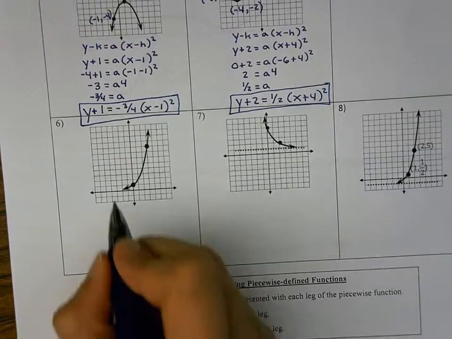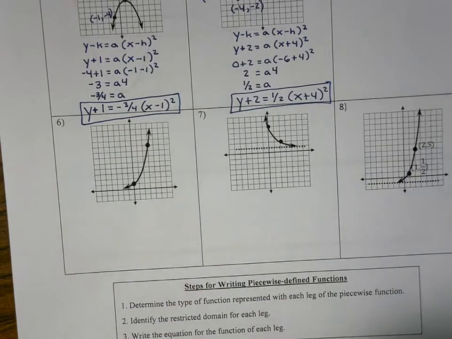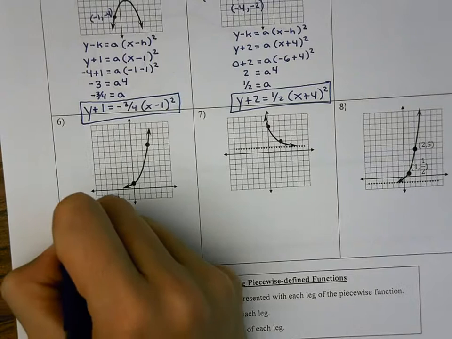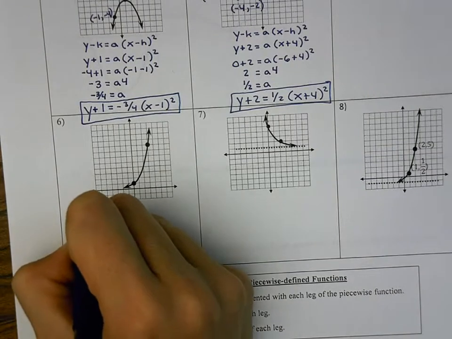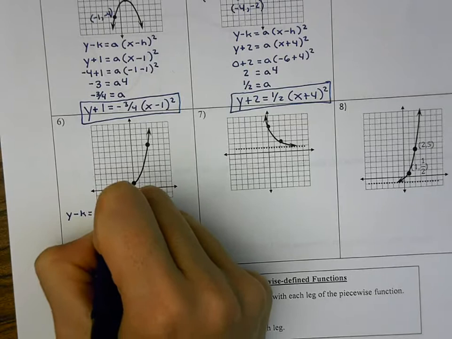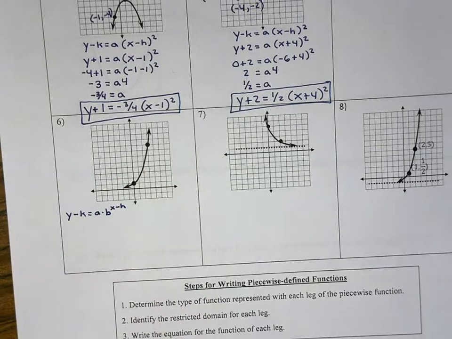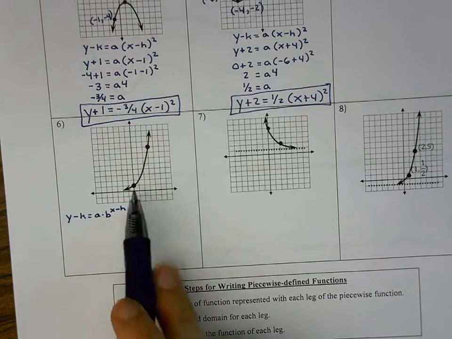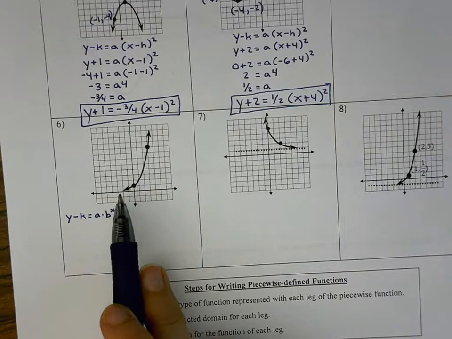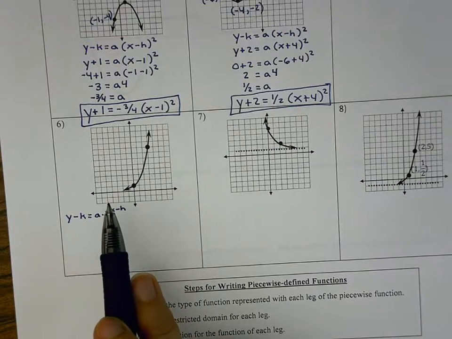So exponential, what's the descriptive form of an exponential? We have y minus k equals a times b to the x minus h. Okay, finding your HK. Now careful about this, because a lot of people will want to look at the coordinate point and say that that's your HK, but think for a second. Where did my HK put me when I was graphing?